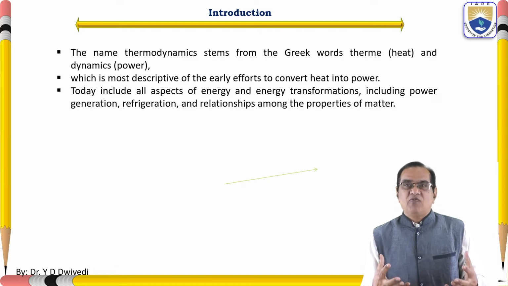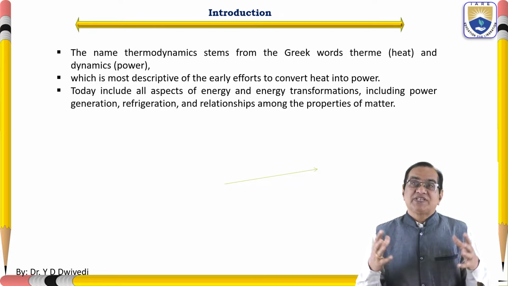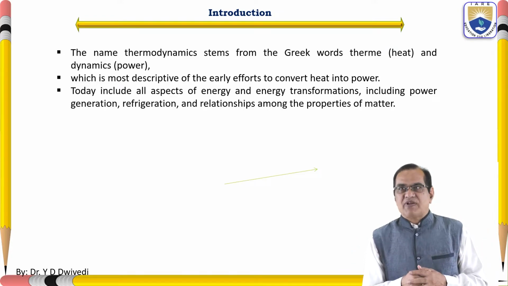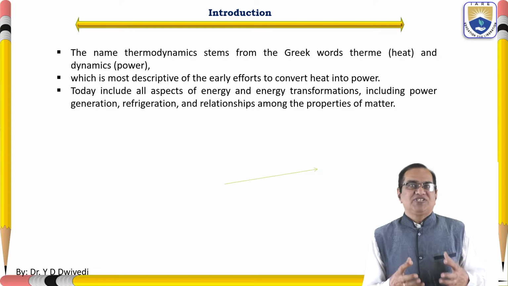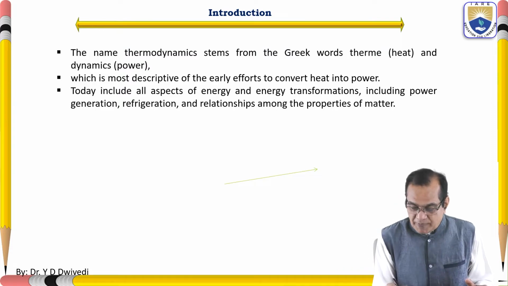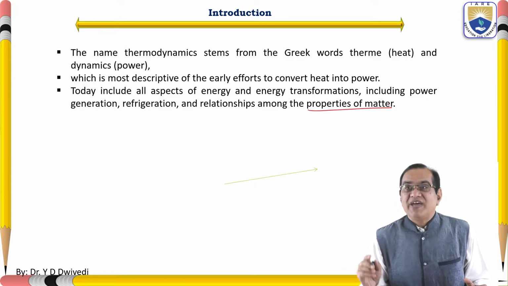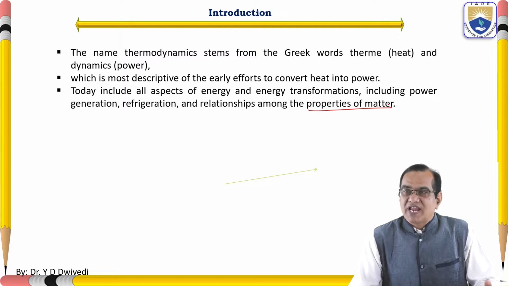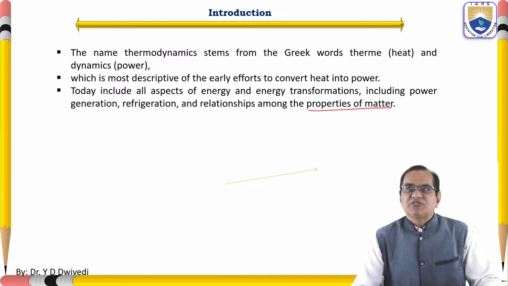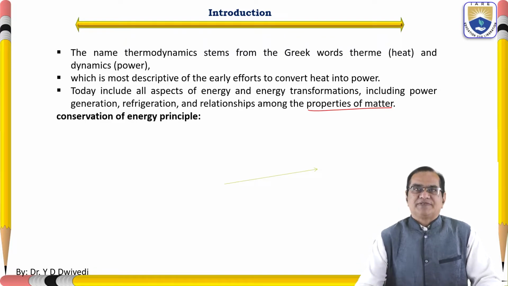But as of now we are at an advanced stage, so it is not only heat and power. These properties of matter are a very important aspect of thermodynamics, and I am dealing with a few properties related to matter in this class.